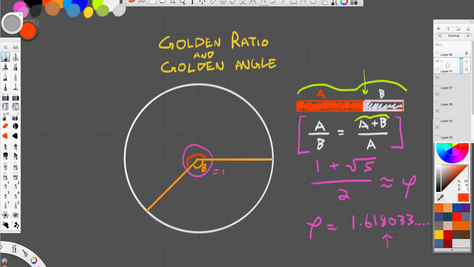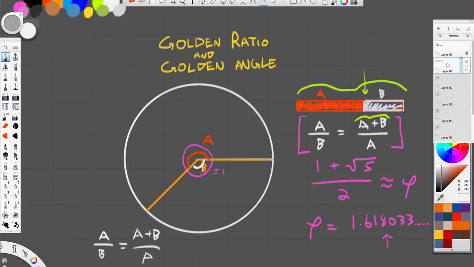Then really what the golden angle is this guy right here. This is A, the larger percentage, the Pac-Man, and the smaller angle is B. And again, the same relationship holds. The angle A over B is equal to A plus B over A. So it encodes that same relationship, except now it's angular.